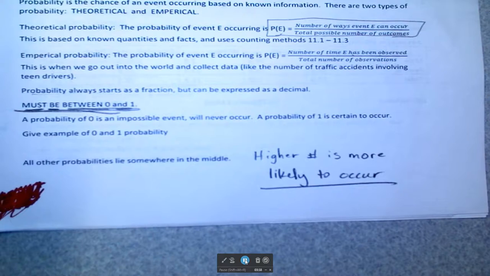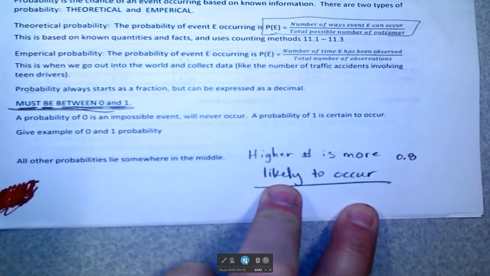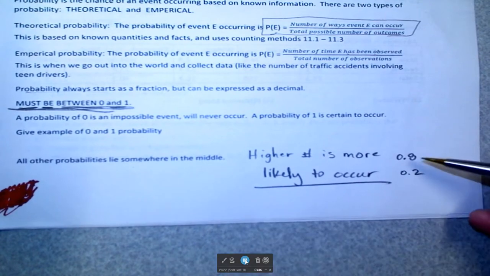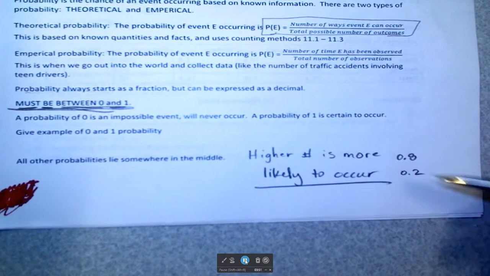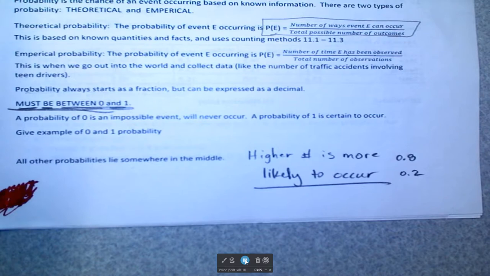So a probability of 0.8 is much more likely than a probability of 0.2. Think of a weather forecast: this is an 80% chance of rain, and this is a 20% chance of rain. One is much more likely than the other.